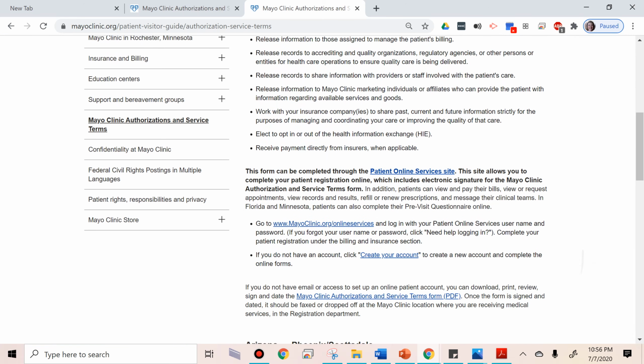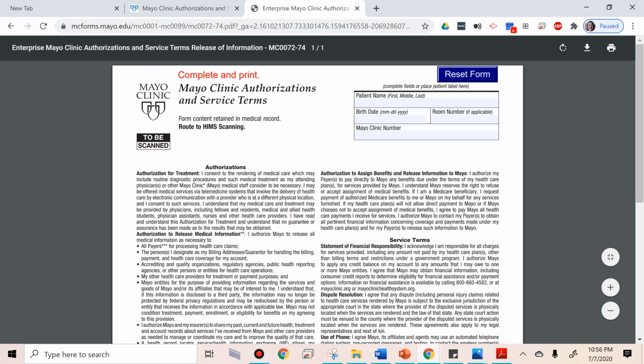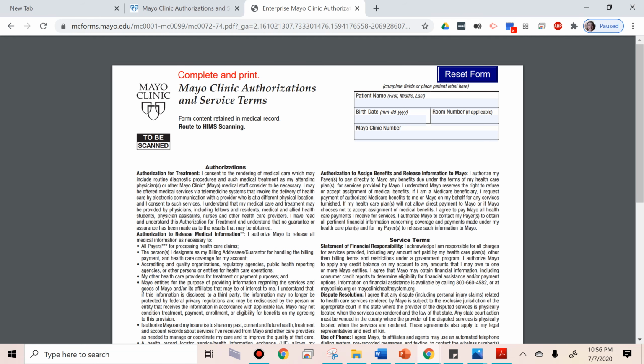Yet now when you go down and you click on the form, it looks completely different, after I've come out to say that we're going to be talking about forms. Now, I hope this is because Mayo's deciding that they're going to be more transparent. Maybe they know it's because people are going to start reading instead of just signing a black pad.